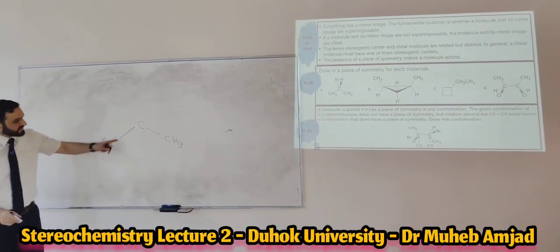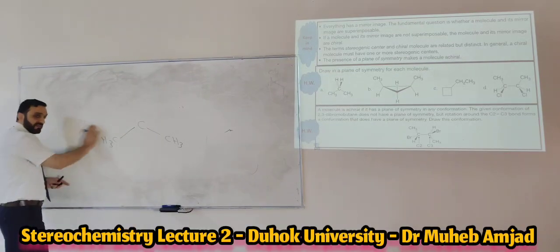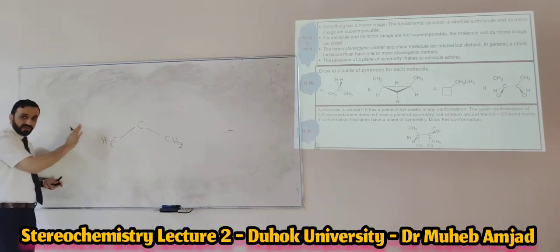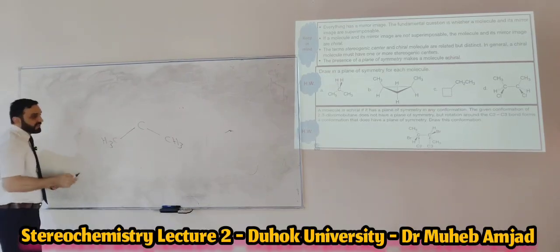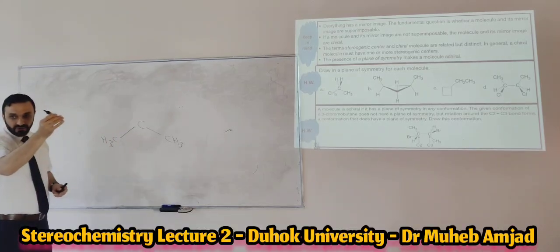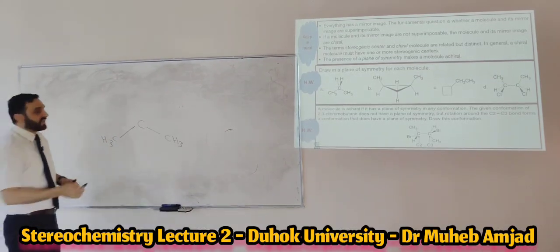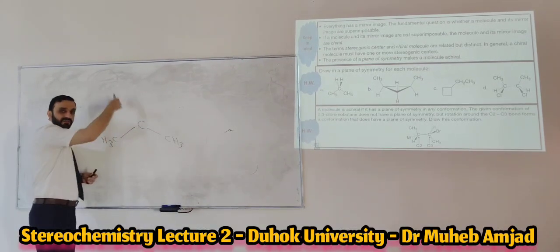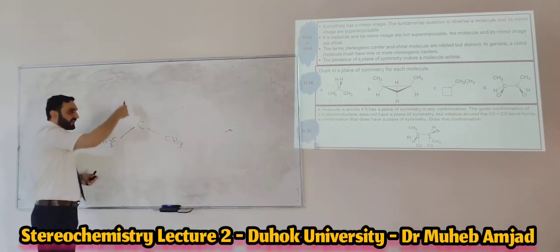Now this carbon and this carbon are on the plane of the board. So the third group will be near you, in front of this plane, and the second will be behind, on the other side, far from you.